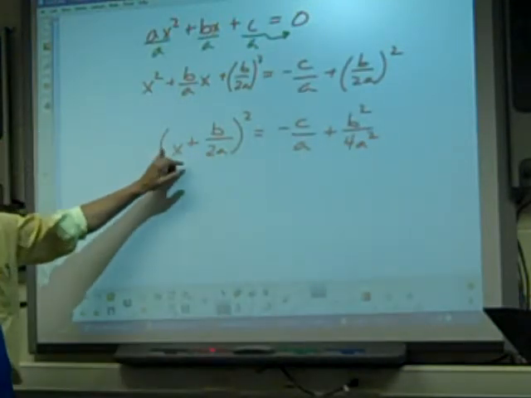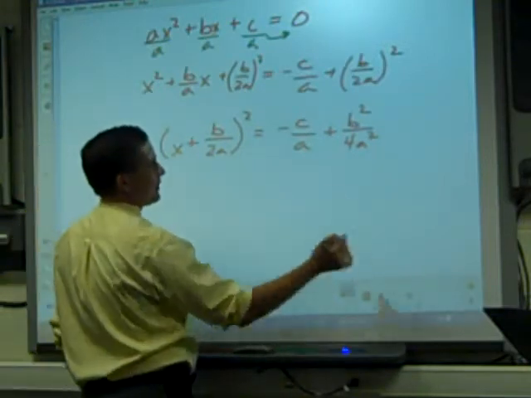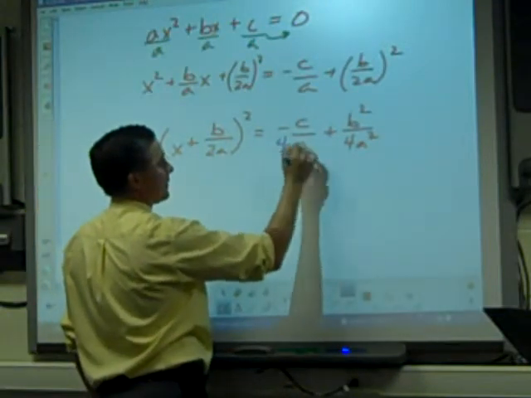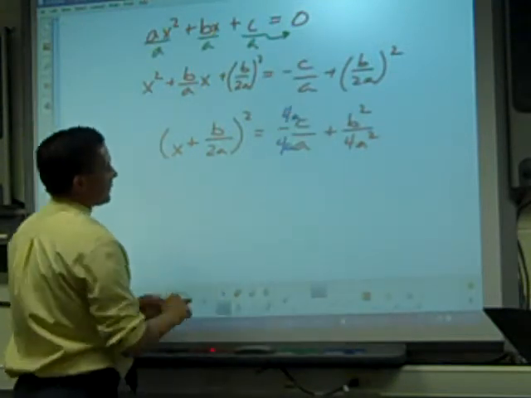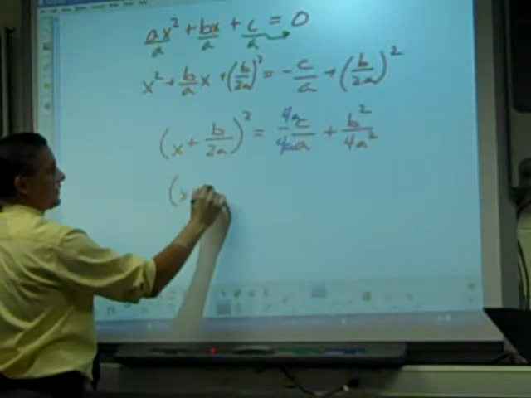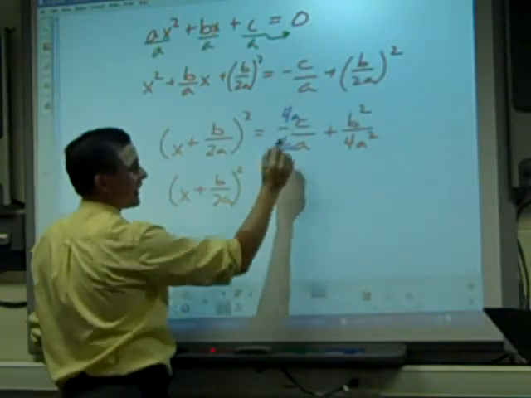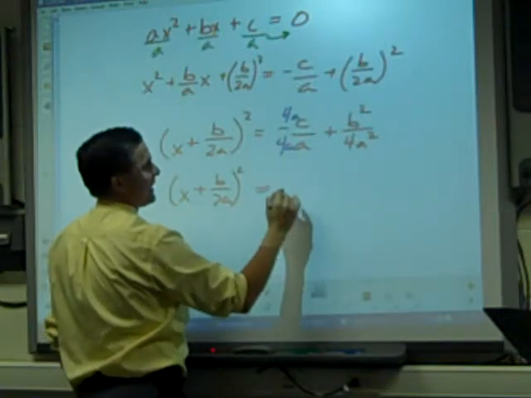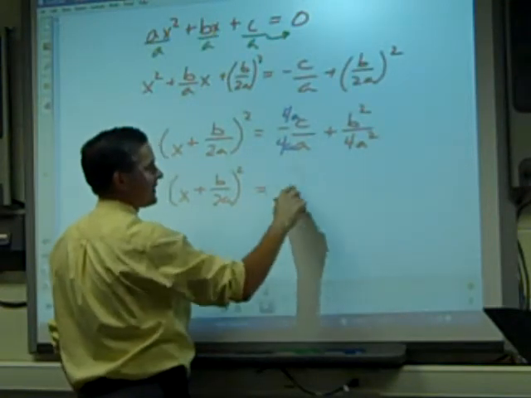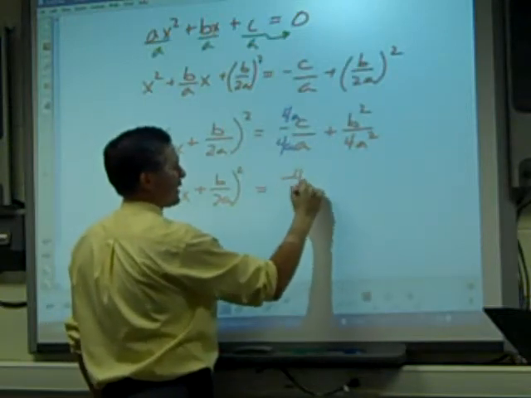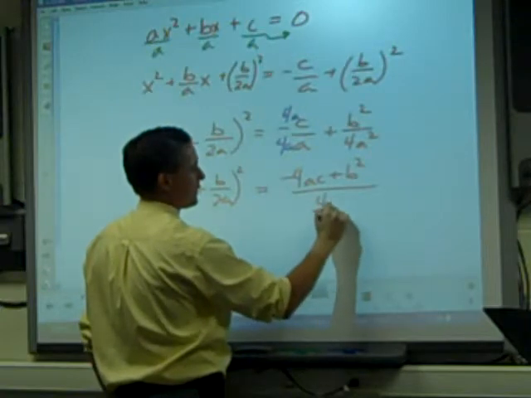But the problem is I have one term on the left. I need one term on the right. So we have to do a common denominator, which I will make 4a squared on both sides. I'll write this as x plus b over 2a squared still. I will combine the tops, and I will get negative 4ac plus b squared all over 4a squared.